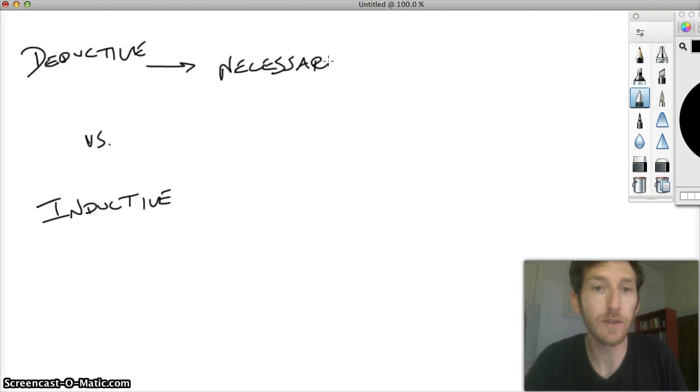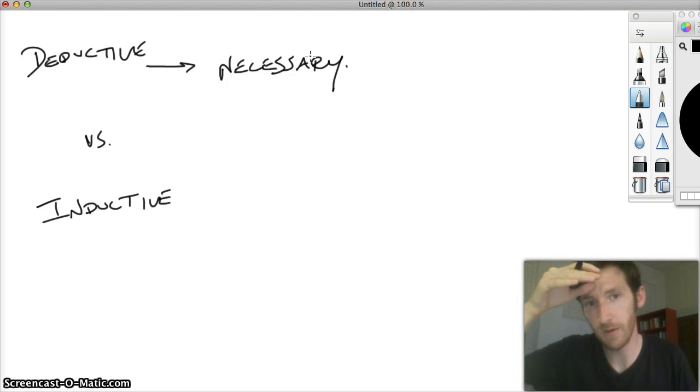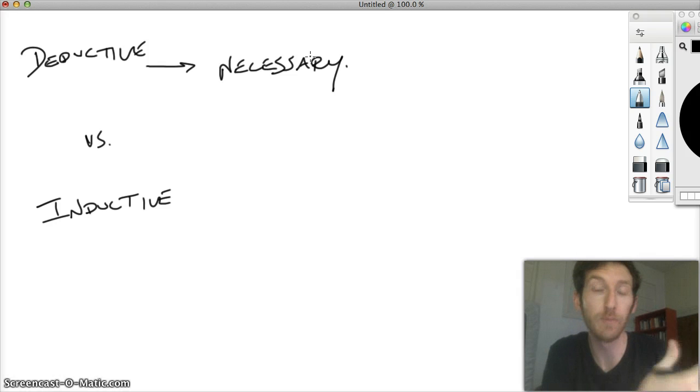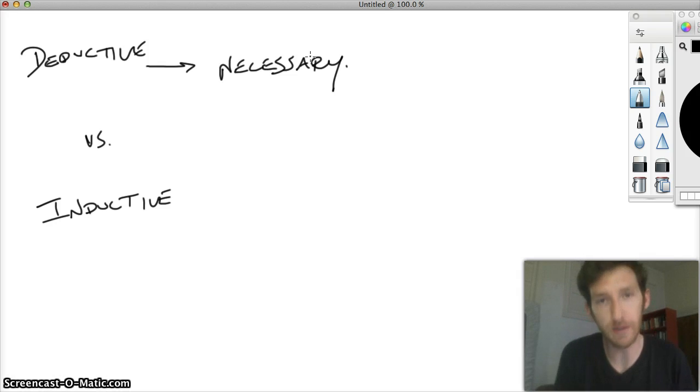In deductive reasoning or deductive argumentation, the idea is that given that the premises, or your starting points, are true, the conclusion necessarily, or must, absolutely has to follow from that. And so given all those problems that we just worked through, each of those particular answers was necessary based on the conditions for each problem and based on those global rules that we started with. And so that's one kind of reasoning.